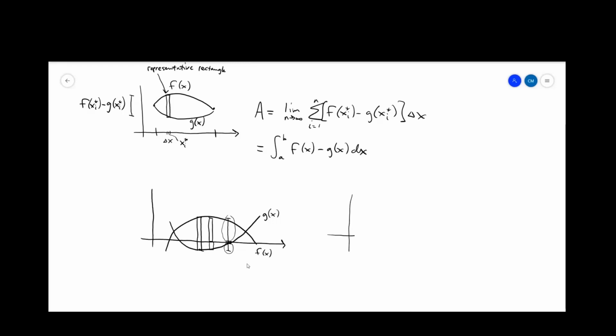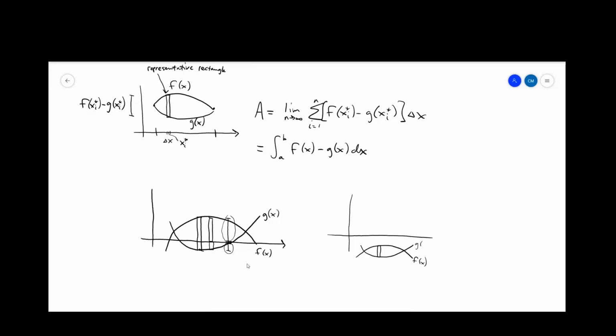It will also actually work even if both of the functions are entirely below the x-axis. So you can kind of see what would happen in that case. This is what our representative rectangle would look like here. It would look like that, perhaps, right? Now the f of x function would still be the top function, so let's call that f of x sub i.